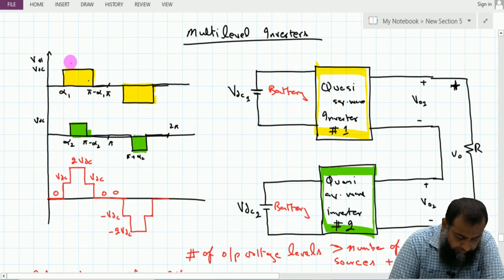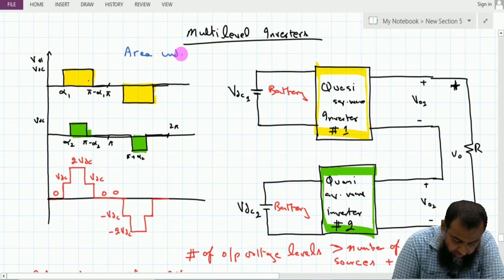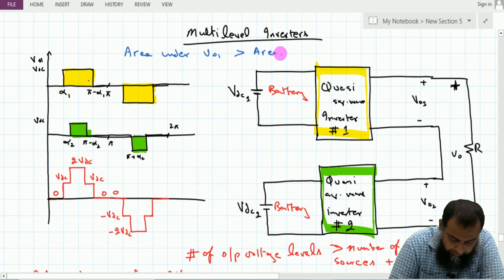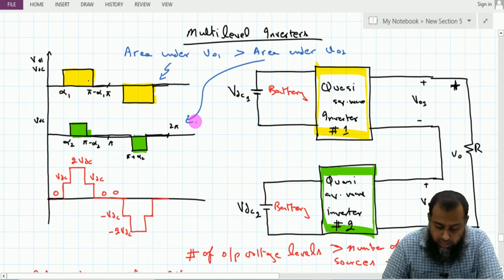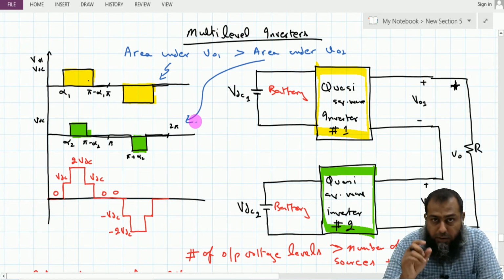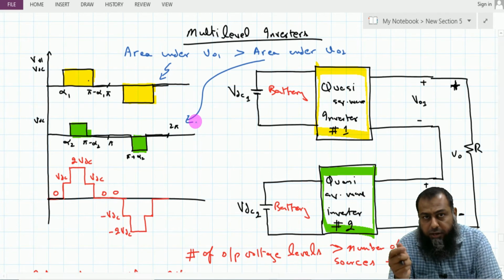Now if you see here, the area under this V01 is greater than the area under the V02 curve, as you can see here, which means that the average power supplied by the quasi-square wave inverter number 1 is greater than the average power which is supplied by the quasi-square wave inverter number 2.